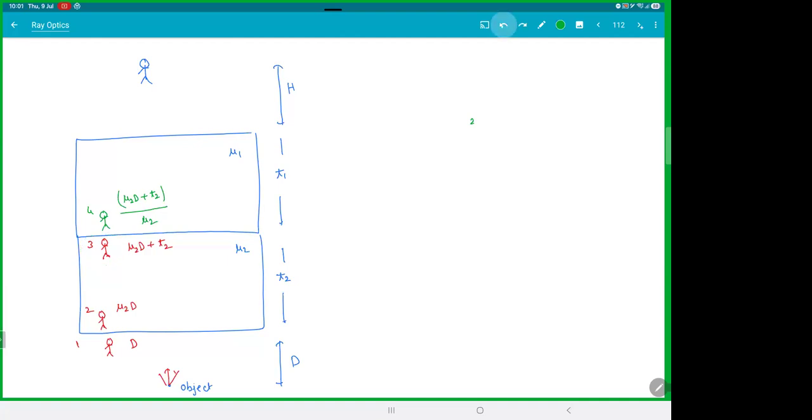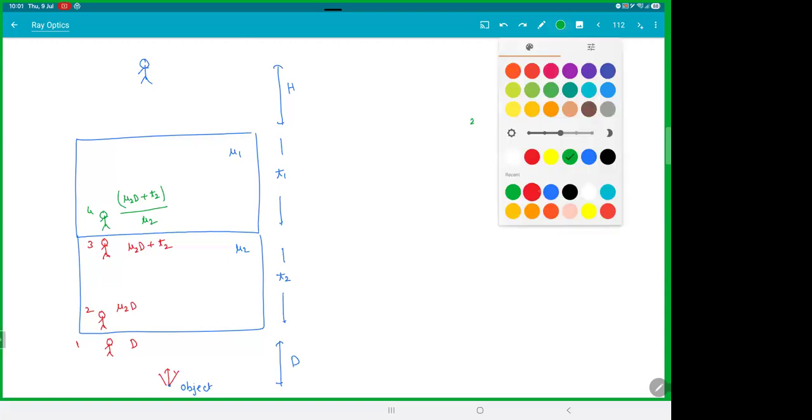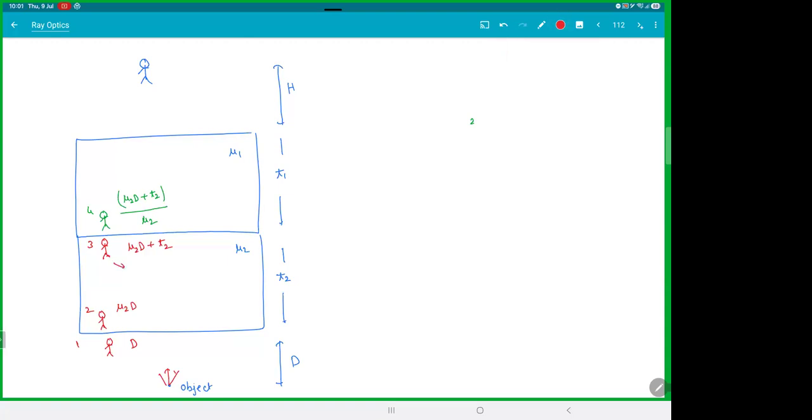He will say the object is in mu2. So that's what he will tell observer 4. He thinks the object is in mu2, so that's why you got mu2 D plus t2. So even 4 will think the object was in mu2, but now it came to mu1, so into mu1.